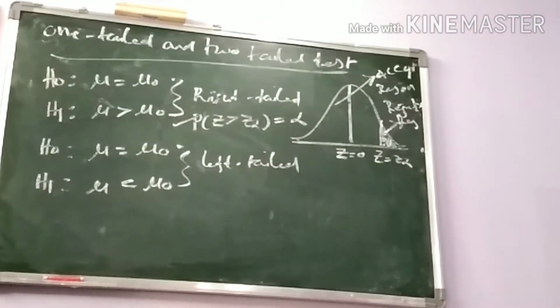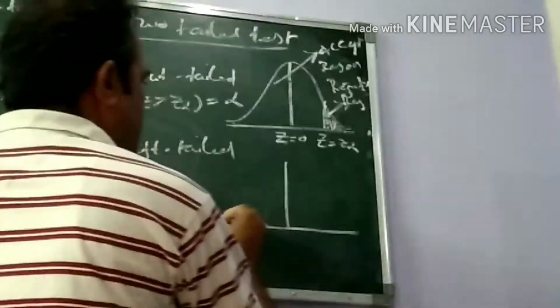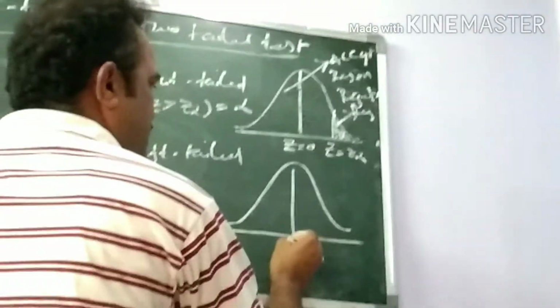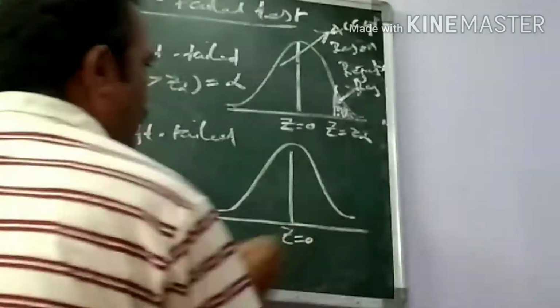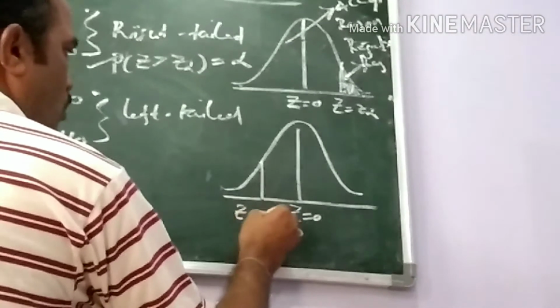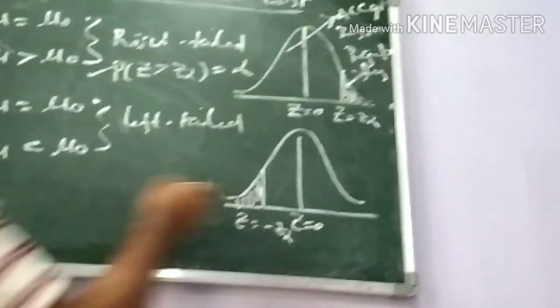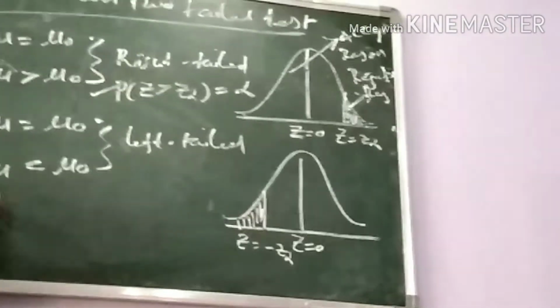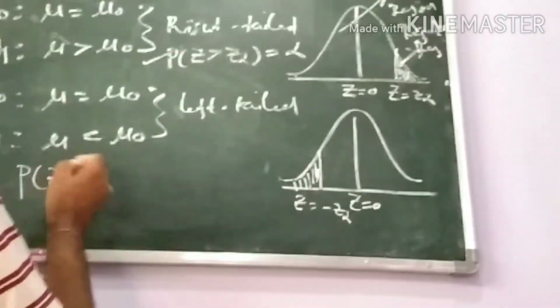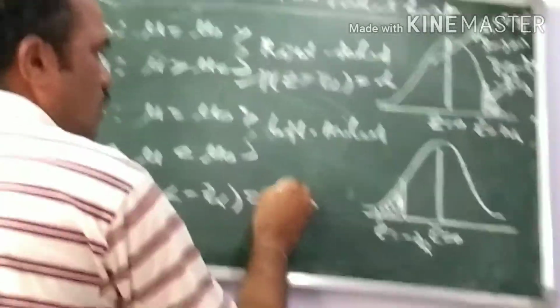Similarly, the same applies to the left-tailed test. In the left-tailed test, z equal to 0 is at the center, and we consider the left portion, z equal to minus z alpha, and shade this area. We identify it using the equation: probability of z less than minus z alpha is equal to alpha.